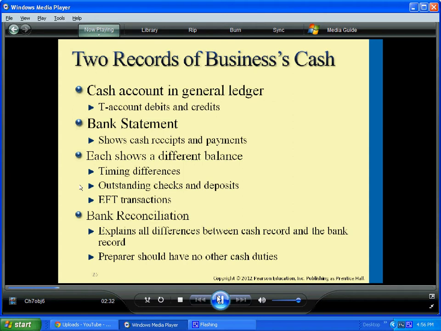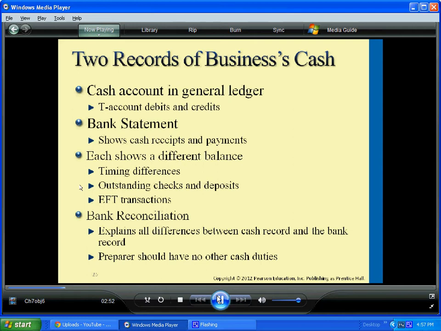And the third item that might cause a difference in balance would be electronic funds transactions, EFTs. We could be receiving payments from one of our customers, or we could be sending out EFTs to one of our vendors.